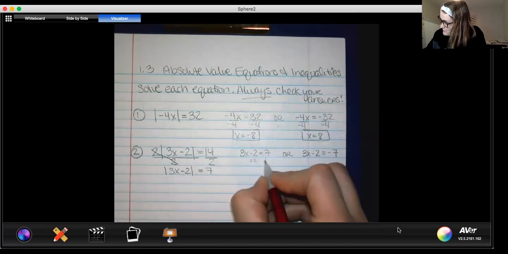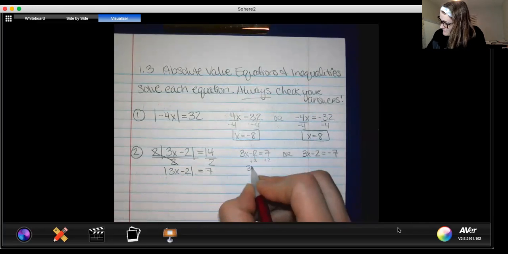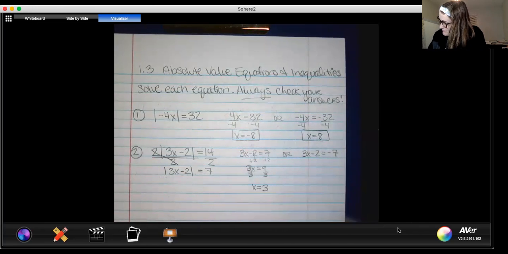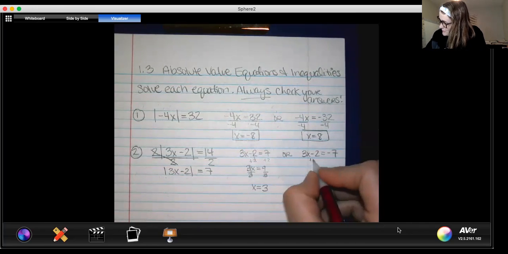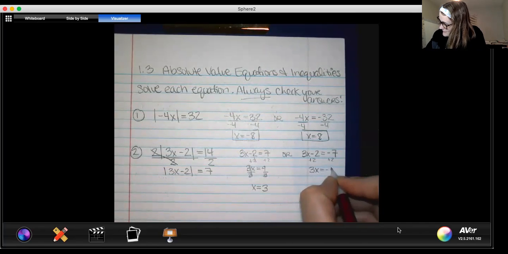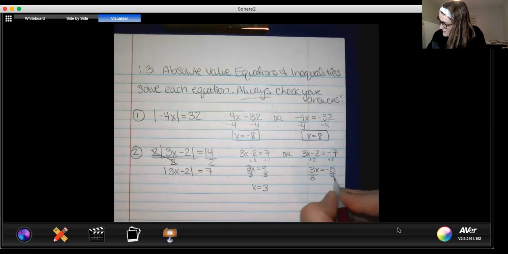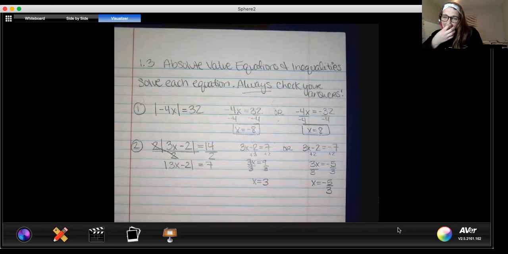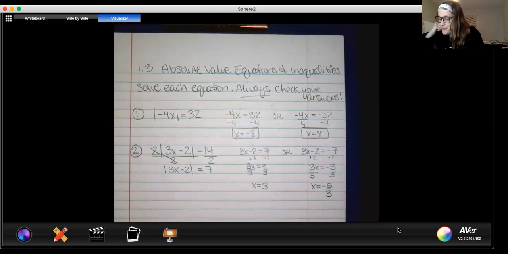Add 2 and divide by 3, I get x equals 3. Add 2, divide by 3, I get x equals negative 5/3. Much different than the last one, where they ended up being the same value but opposites.